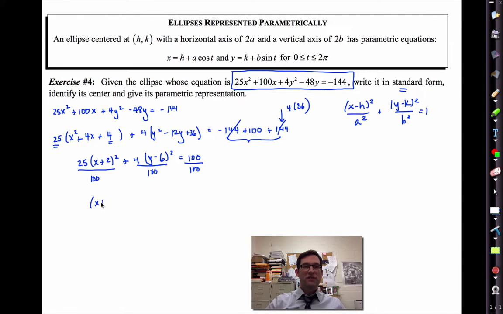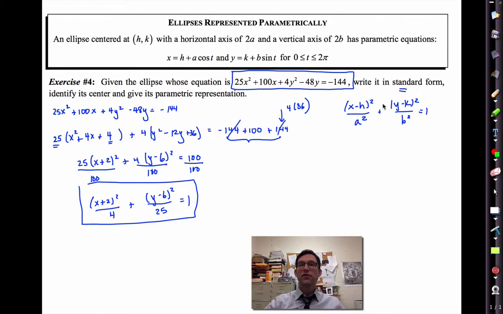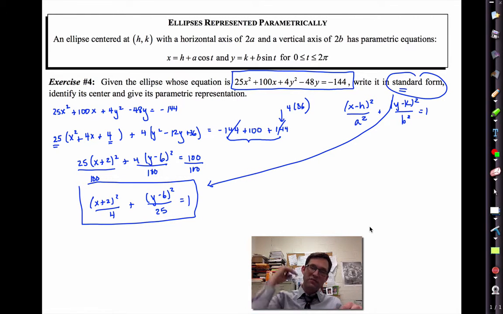That'll give me x plus 2 squared divided by 4 plus y minus 6 squared divided by 25 equals 1. So that is, whew, believe it or not, the answer to this part of the question. Wow, man, makes my hand hurt, so much writing. Okay.